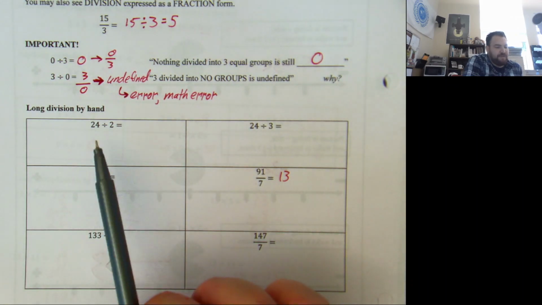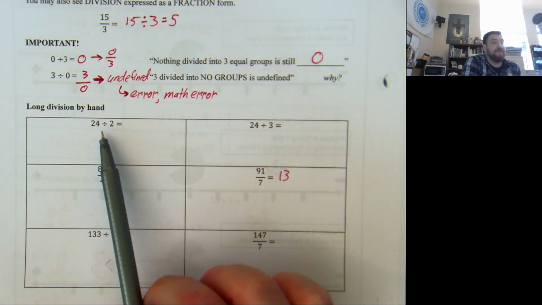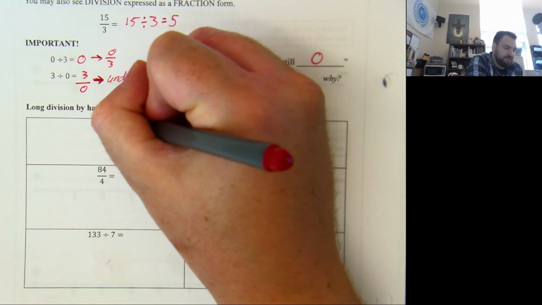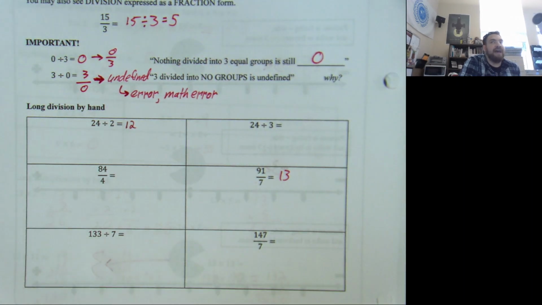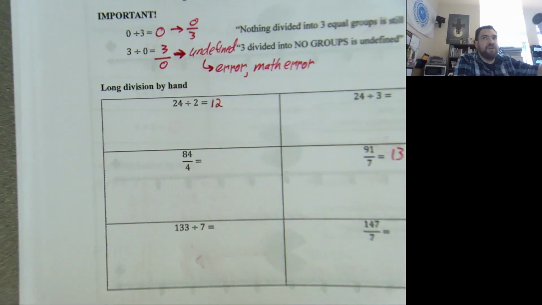If I want to take 24 and I want to divide it by 2, your math facts that perhaps you've memorized will tell you that 24 divided by 2 should be 12. Let's show that using long division. Here's how long division plays out.